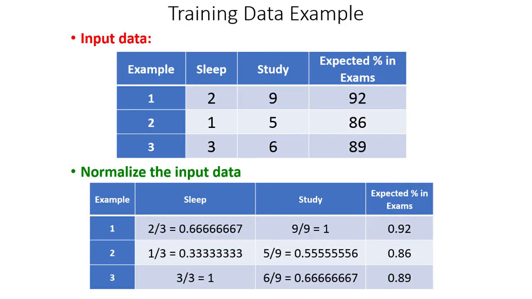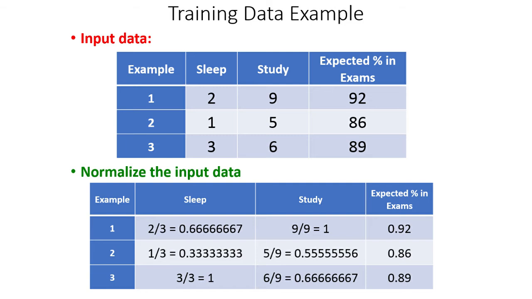In our training example, let us normalize the input data. Identify the biggest number in the feature column and divide each of the features with this biggest number. For example, sleep feature. In this column, identify the biggest number, that is 3 in our case. Now, this 3 needs to be divided for every feature element in that column.